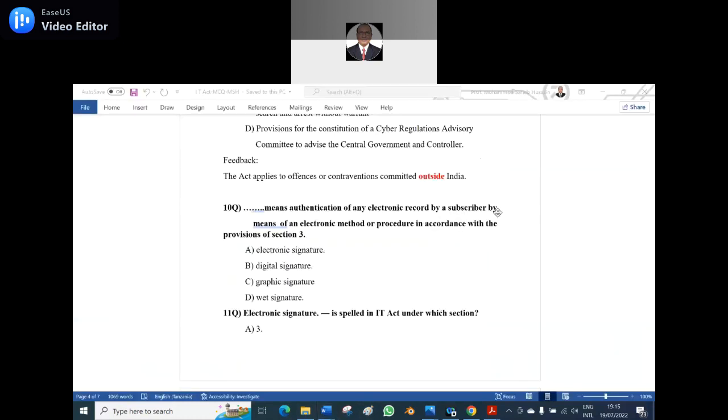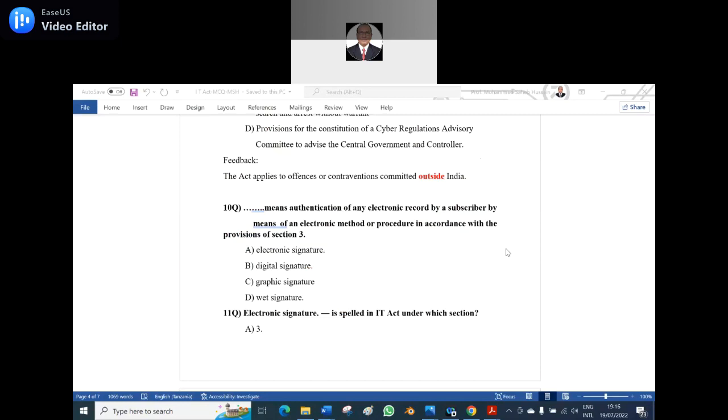Yes, the 10th question that I am referring to at the time. Dash means authentication of any electronic record by a subscriber by means of an electronic method or a procedure in accordance with the provisions of section 3.